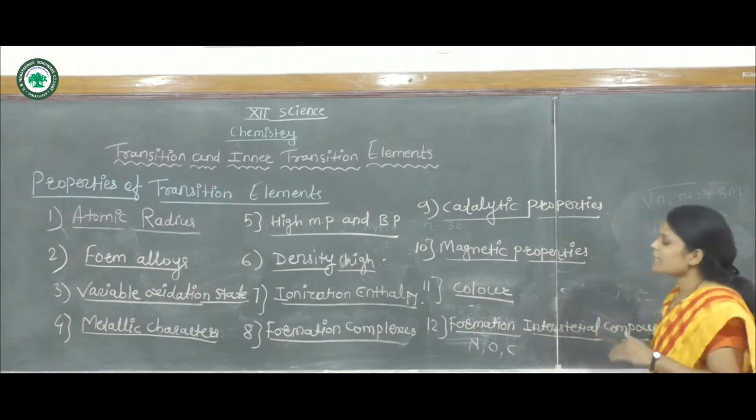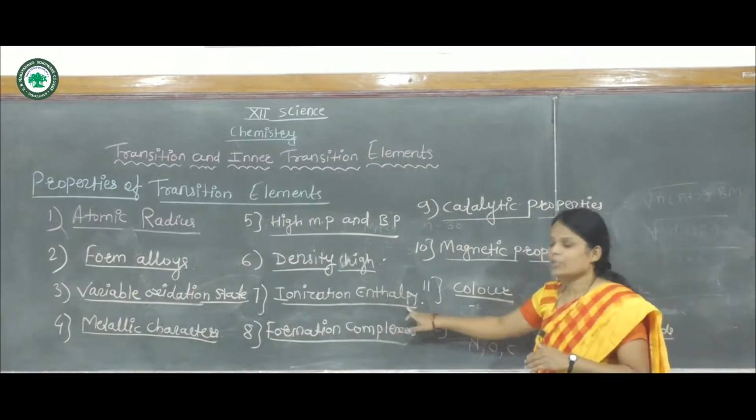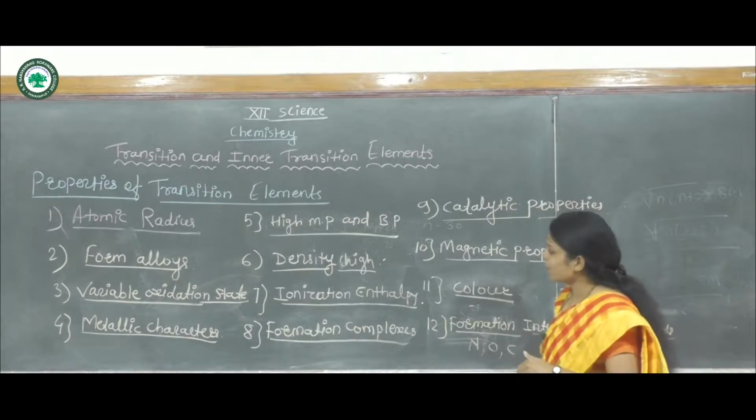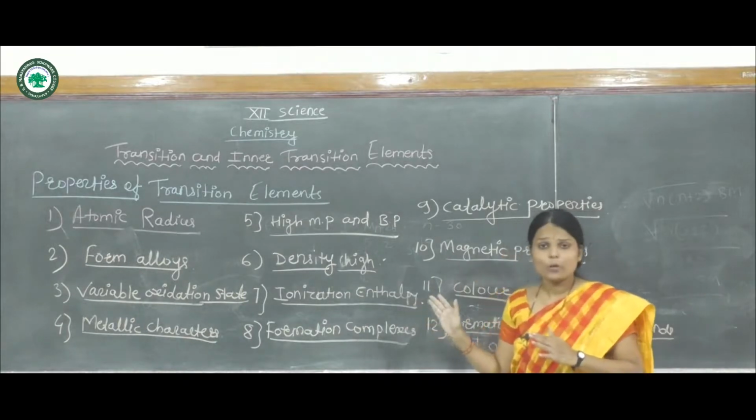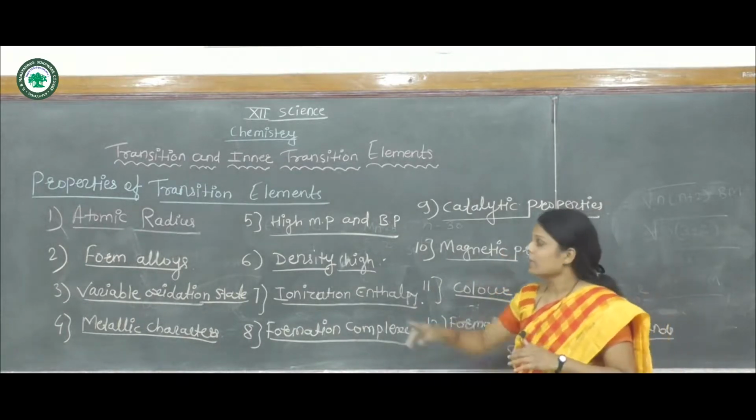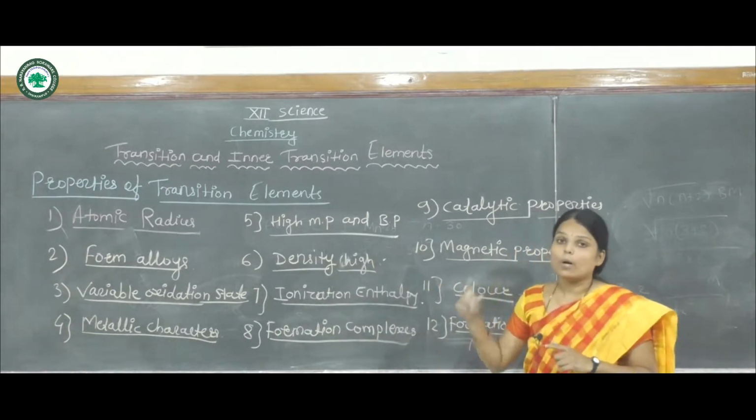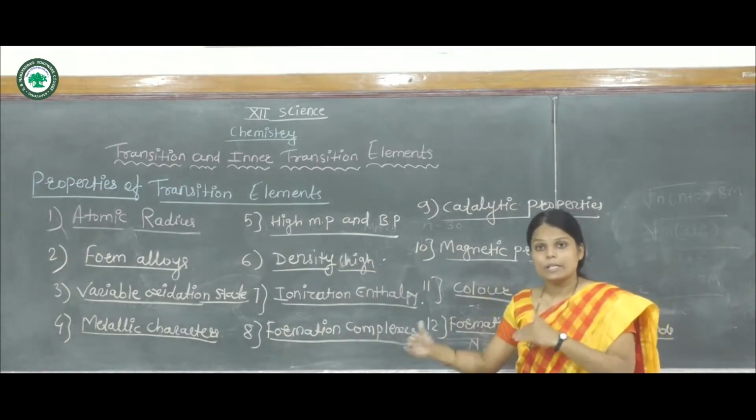Then the next property is ionization enthalpy. On the modern periodic table, as we move from left to right, the ionization enthalpy gradually decreases.